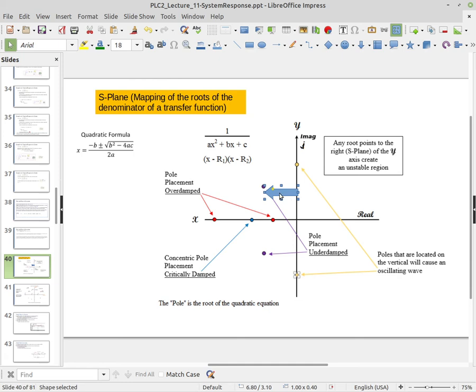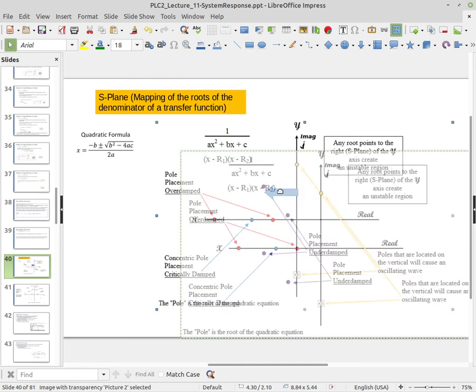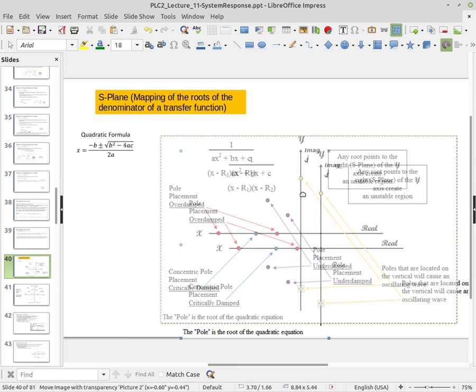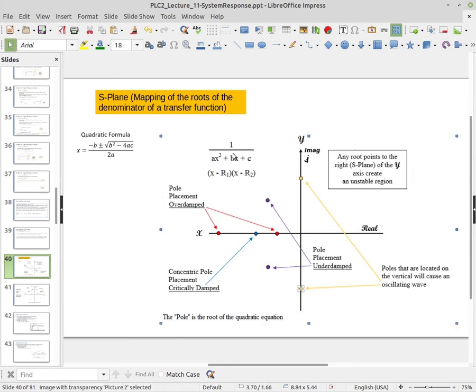All right, so this here is actually referred to as a pole mapping for our system. They refer to this as the S-plane, because we're mapping where those poles are going to exist for those frequencies.